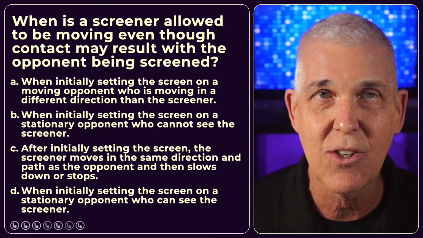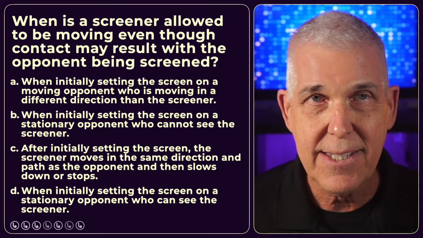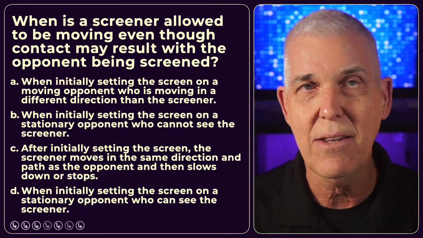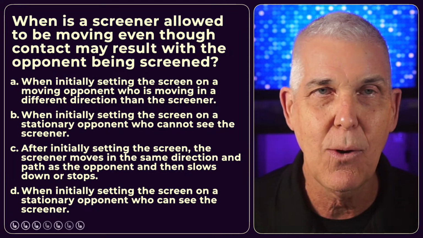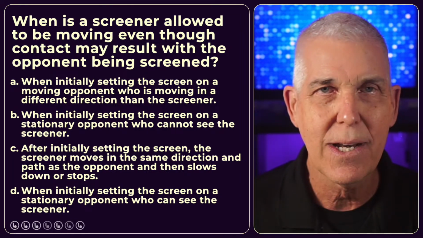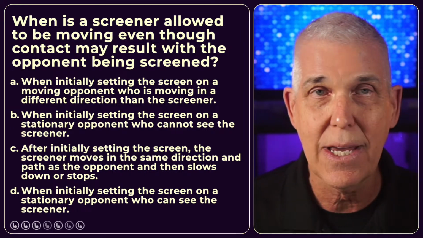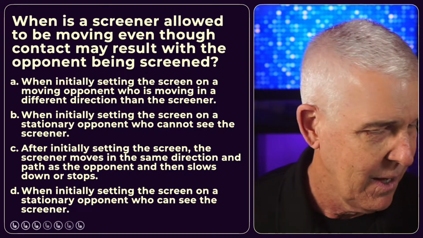B, when initially setting the screen on a stationary opponent who cannot see the screener. C, after initially setting the screen, the screener moves in the same direction and path as the opponent and then slows down or stops. Or D, when initially setting the screen on a stationary opponent who can see the screener.